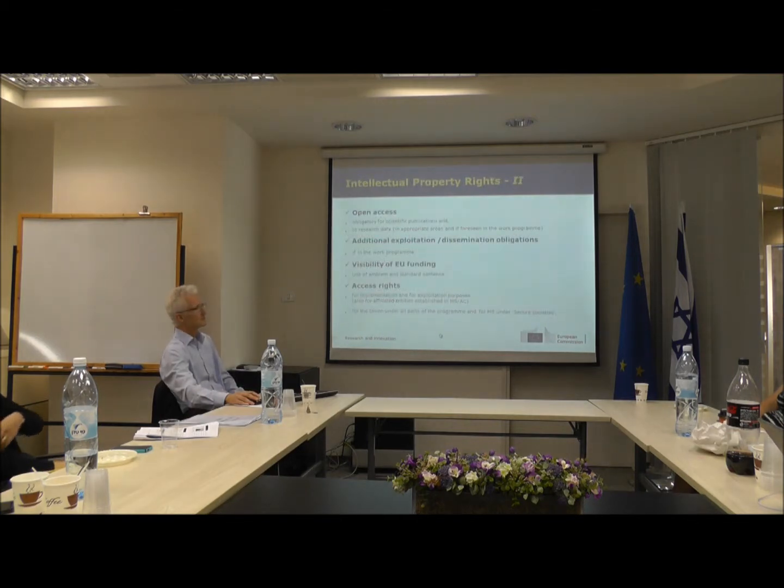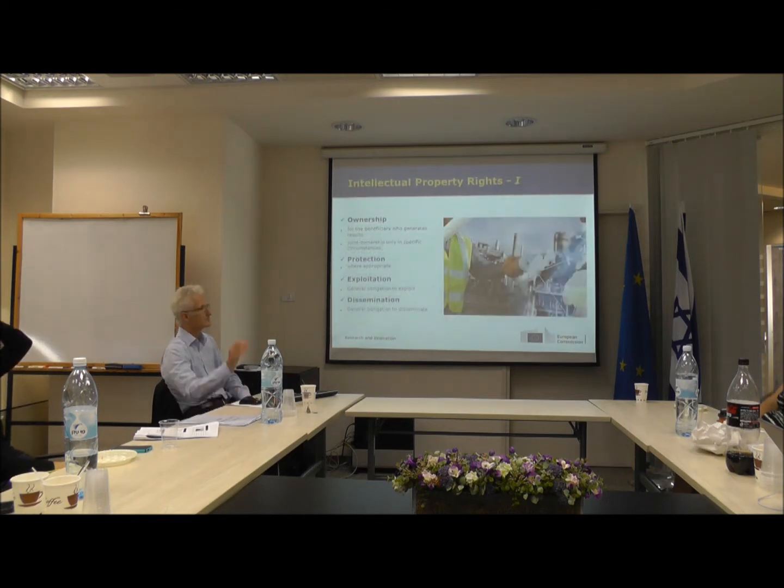The way it's written, it's exploitation and dissemination. Because if you have only exploitation and no dissemination, it's okay if it's industrial technology. But one possibility for disseminating is filing a patent, because then you disclose it, but you keep the ownership.